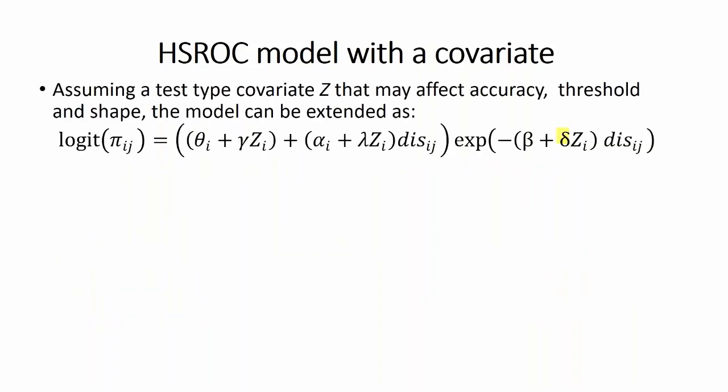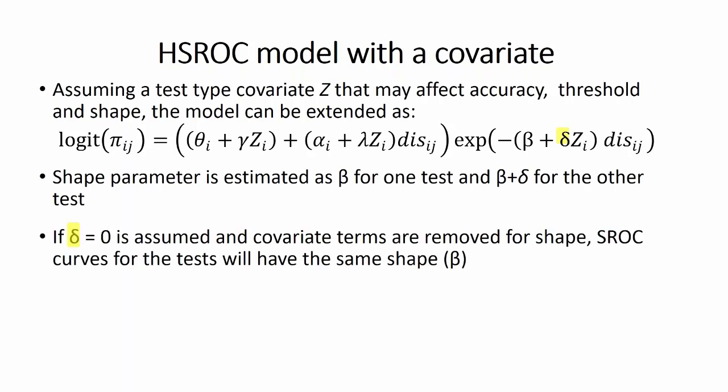And the model can also be extended by including covariate terms for accuracy, threshold, and the shape parameter. And when the covariate term for the shape parameter is assumed to be 0, what we're saying then is that all the tests have the same shape.